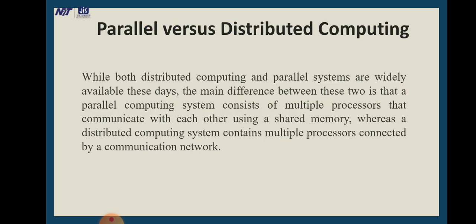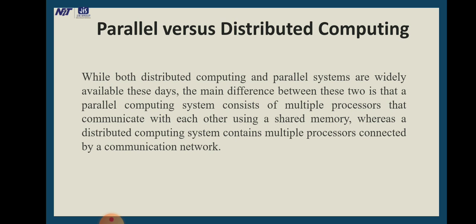While both are widely available these days, the main difference between the two is that a parallel computing system consists of multiple processors that communicate with each other using a shared memory, whereas a distributed computing system contains multiple processors connected by a communication network.